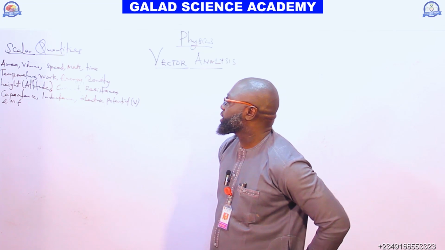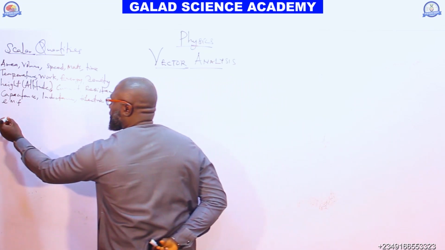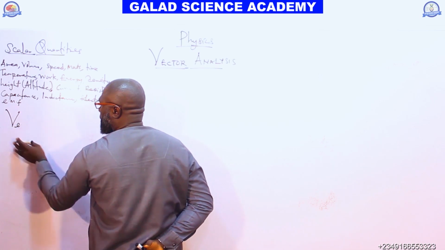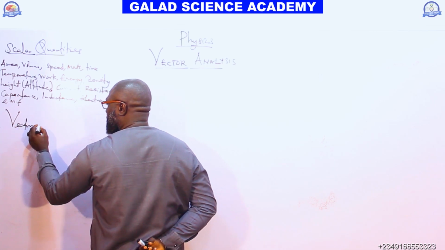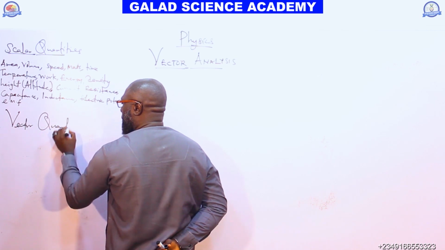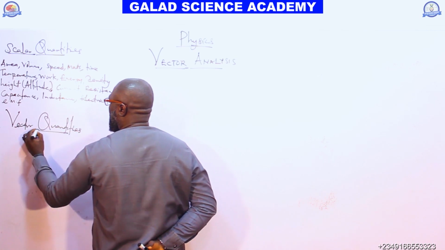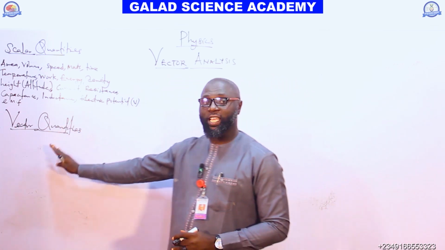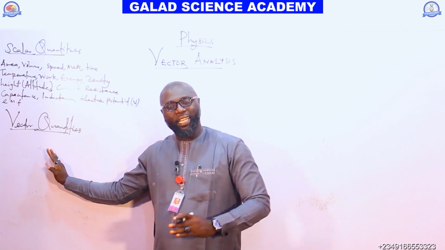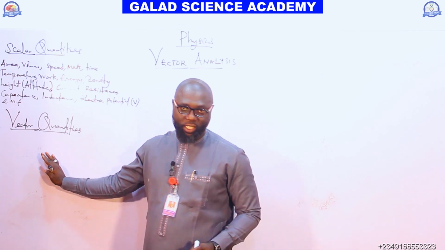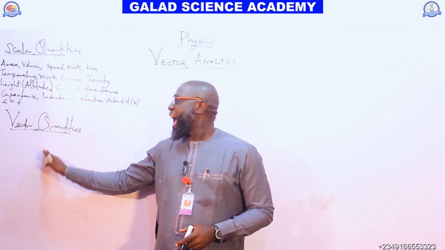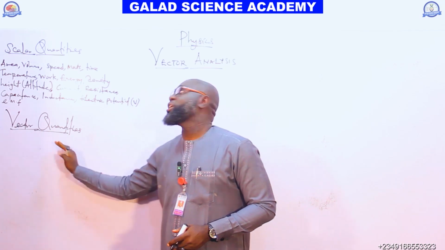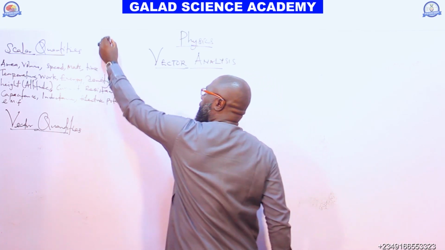And the next thing is, let us look at what we call vector quantity. A vector quantity is a quantity that has both magnitude and direction and also obeys the parallelogram law of vectors.